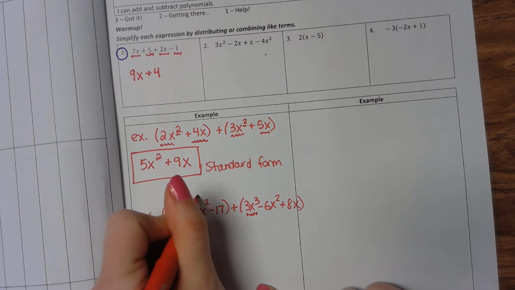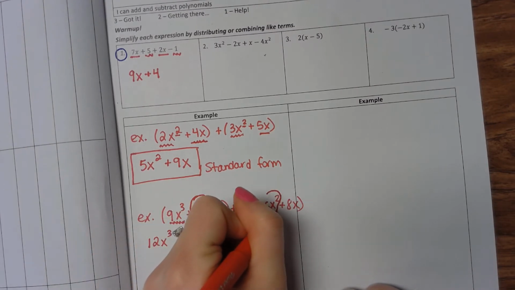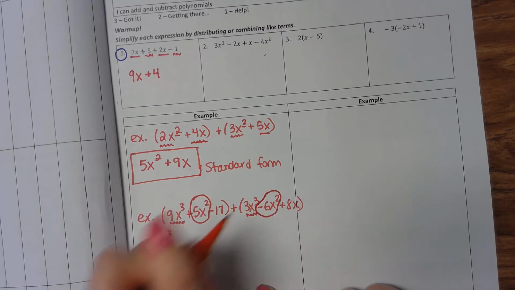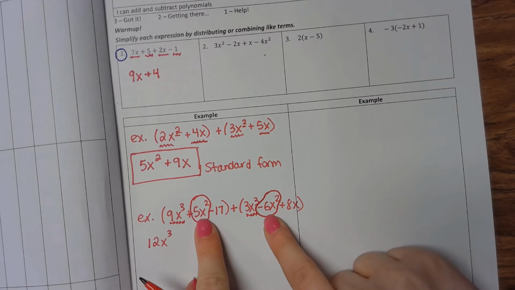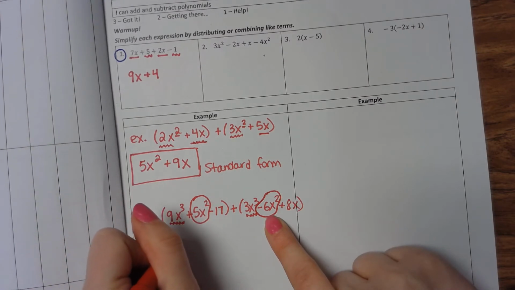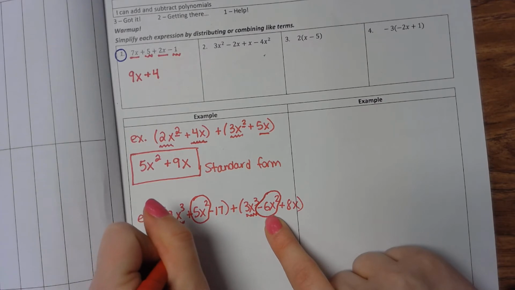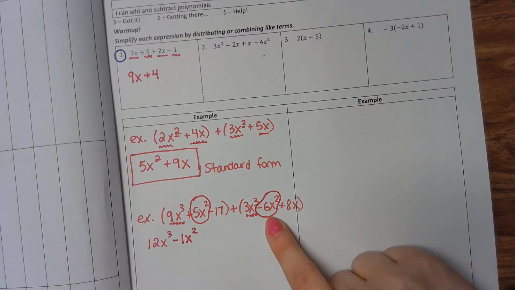Next, I'm going to add the x squared terms. Now remember, take the sign in front of that term. So 5x squared minus 6x squared is equal to -1x squared. You don't have to put the 1 there, but if you want to keep track of things, you can.